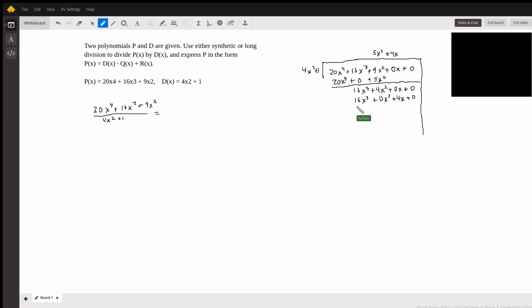Once again, I like to keep my columns straight. So 16x cubed plus 4x, this goes away. This is just 4x squared minus 4x plus 0.